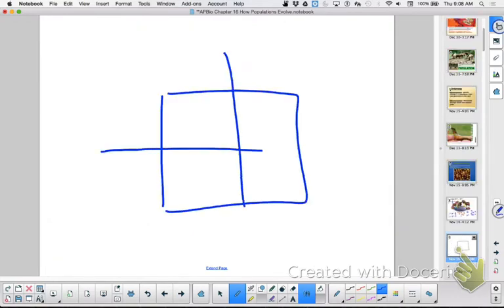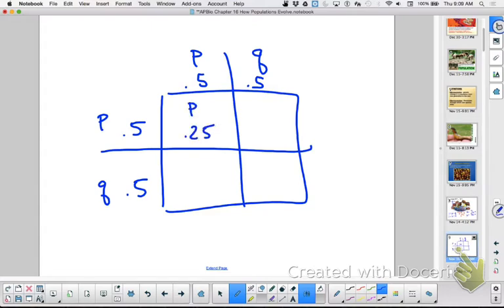So when you do Punnett squares now, we don't do Punnett squares with individuals, we do it with a population. So now basically you are crossing the allele frequencies of each of those alleles. So we said P was 0.5, and Q is 0.5. This is how you get to the second equation that we're working with. What's P times P? 0.25, and P times P is P squared, yes? That's like being big B, right?